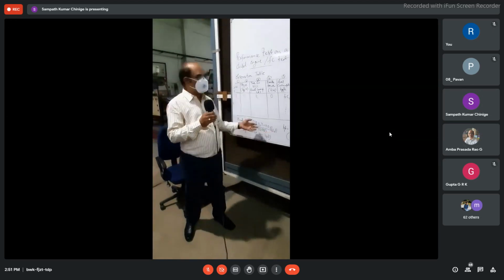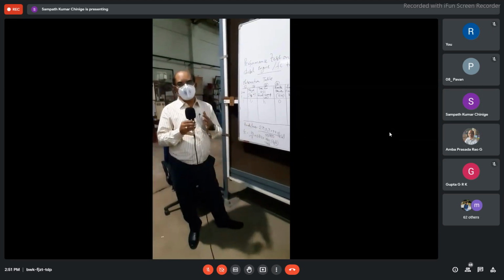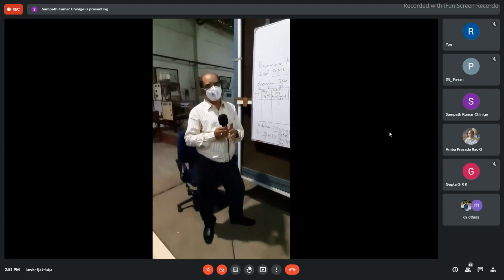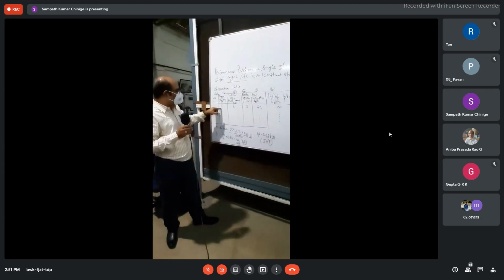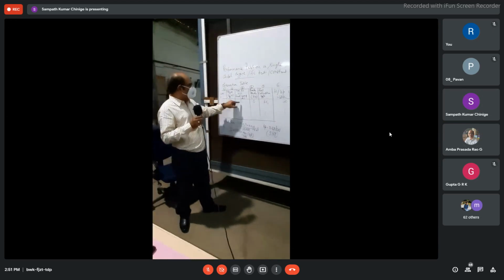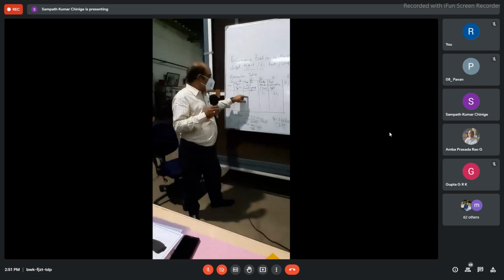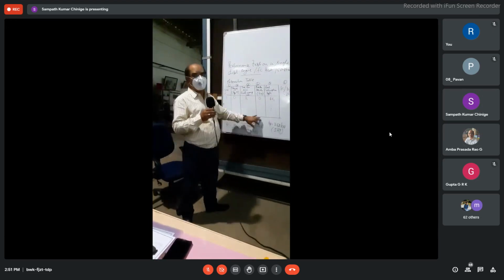So like 0, 0.5, 1, 1.5, 2, then 2.38 or 2.48 is the last reading. So far the engine was running at constant speed with no load. Now we have noted down the time taken for 10 cc fuel consumption. What do you do? You go to the next load, because having divided into equal values, go to the next value.